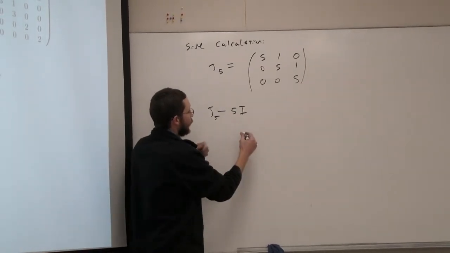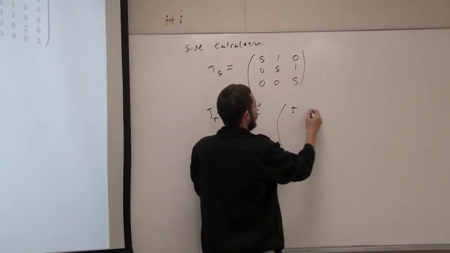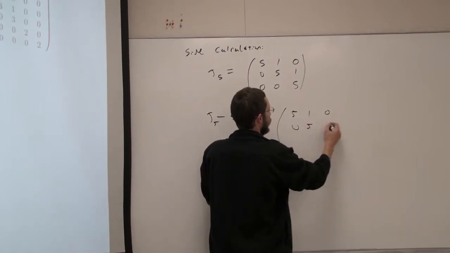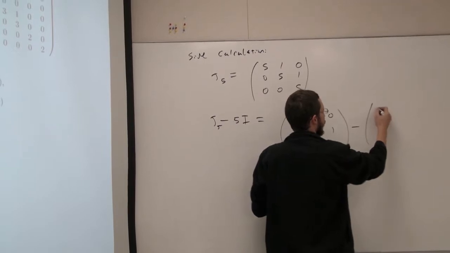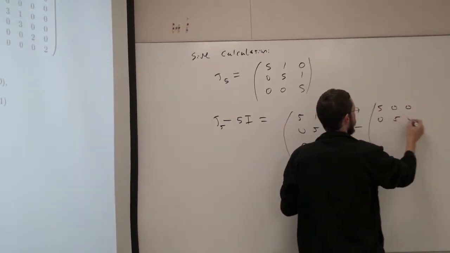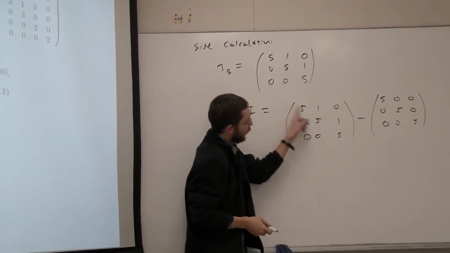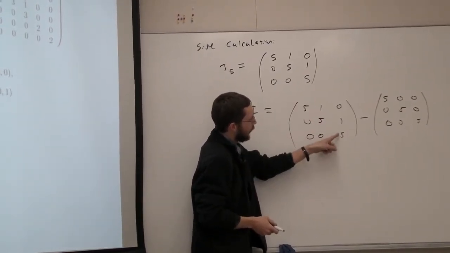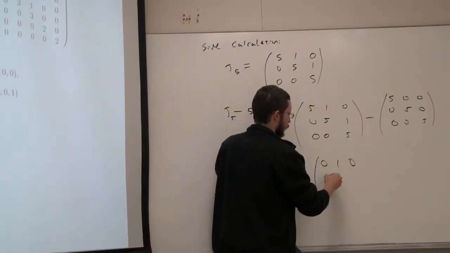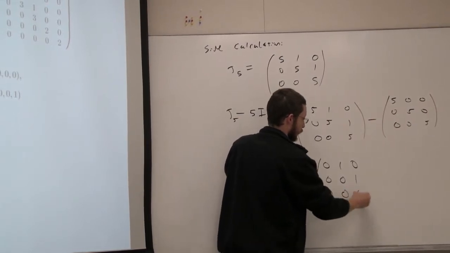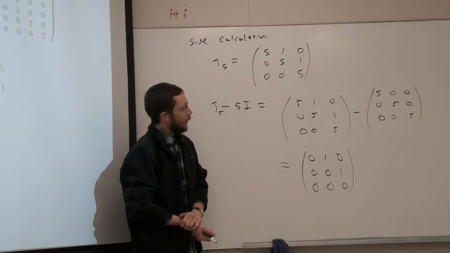When we consider this matrix, I'll write it out step by step so we can see it. J minus this diagonal matrix here. What ends up happening is the diagonal is going to drop, and you'll just have ones on that upper diagonal there.